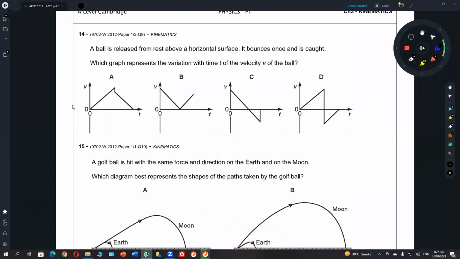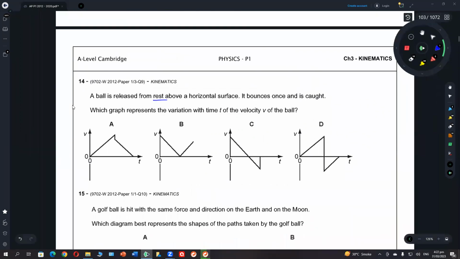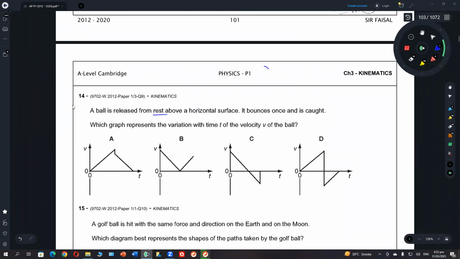A ball is released from rest above a horizontal surface. It bounces once and is caught. Which graph represents the variation with time of the velocity of the ball? A ball is dropped from rest. So let's drop the ball like this onto a surface, and the ball bounces once and is then caught.